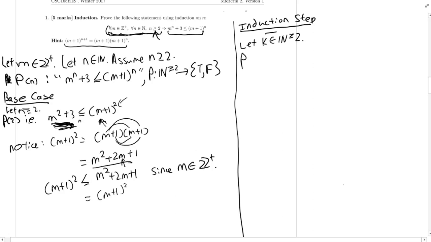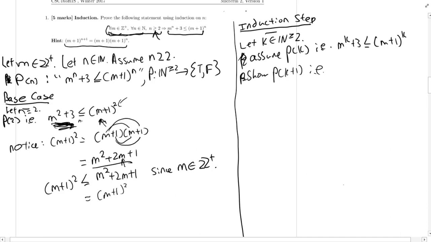We assume P of k, that means m k plus 3 is smaller than or equal to (m plus 1) to the k. Now we want to show P of k plus 1: m times (k plus 1) plus 3 is smaller than or equal to (m plus 1) to the k plus 1.